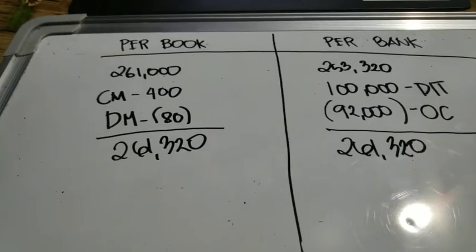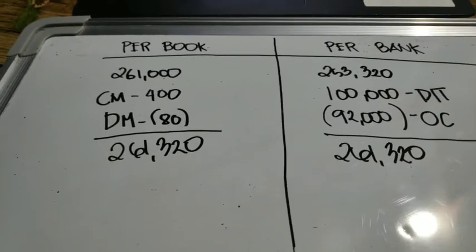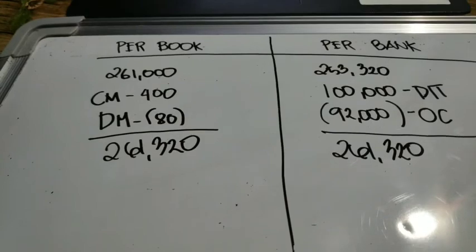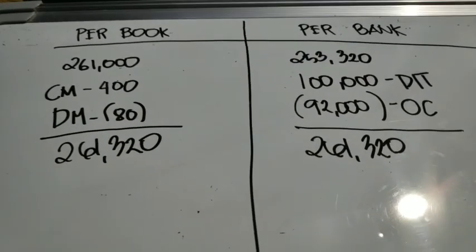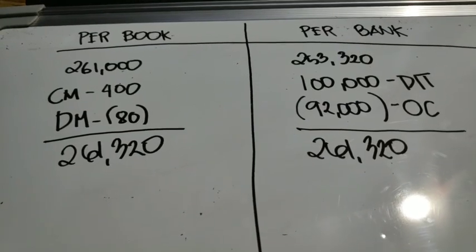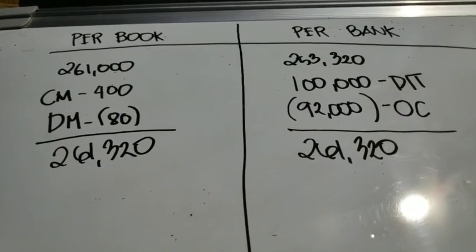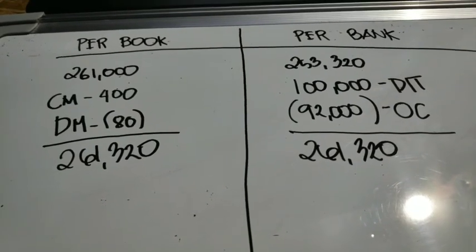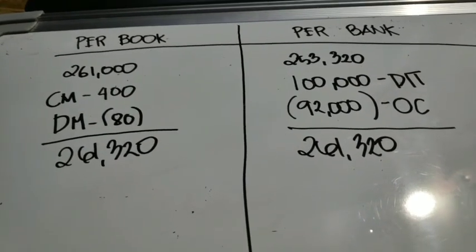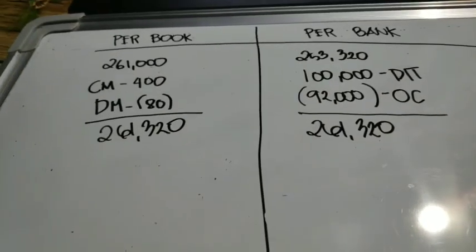So as you notice, the per book and the per bank have the same cash balance. So you've already reconciled the per book and the per bank for the company ABC. So this is how you are to reconcile. So this is the bank reconciliation.